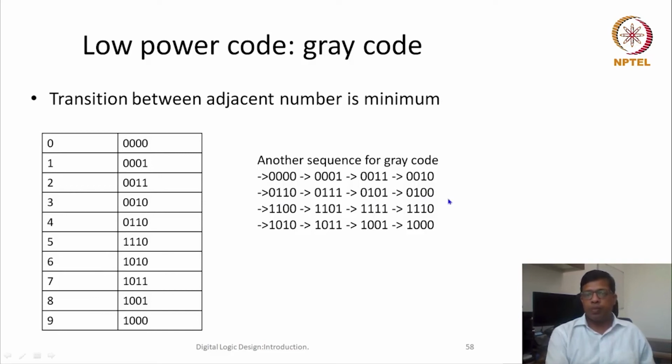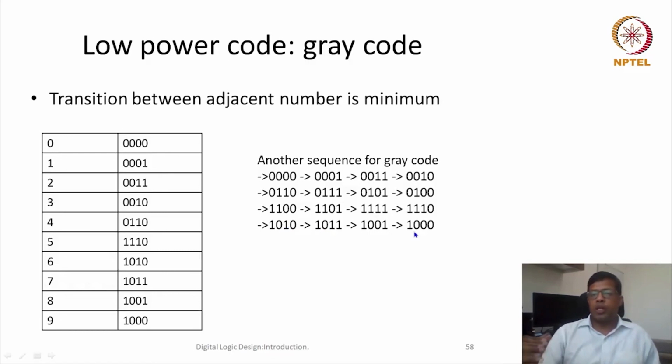That means my 8 is represented using 1 1 0 0, and then 1 1 0 1 is the image of this, and 1 1 1 1 is the image of this. That way, in the reverse order, we keep on following all these numbers, so we can get 8, 9, 10, 11, 12, 13, 14, 15.